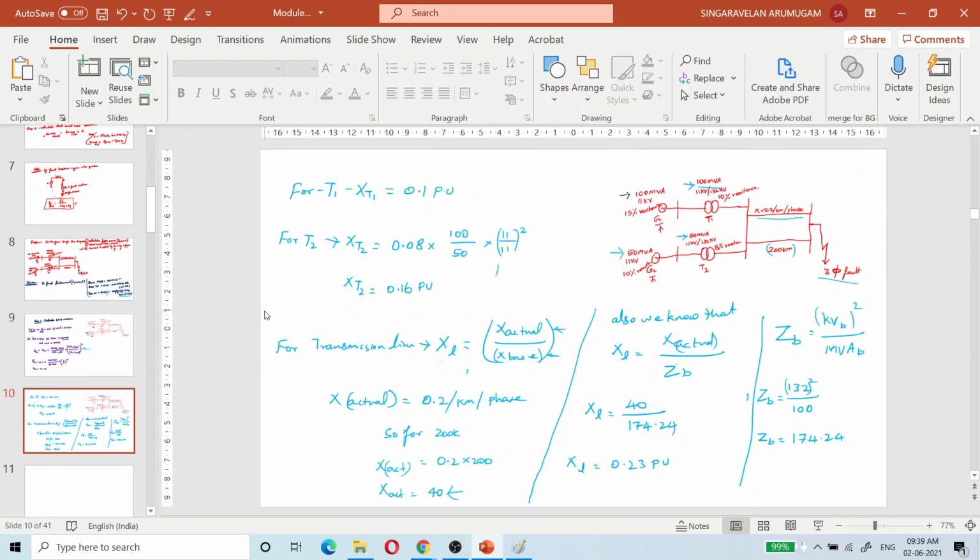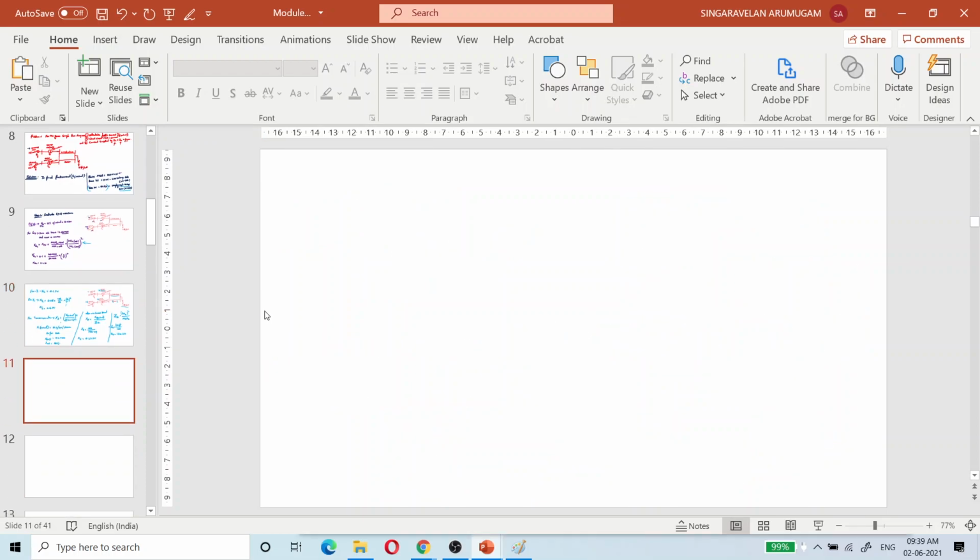Next step is draw single line reactance diagram. Step 3 is draw single line reactance diagram.